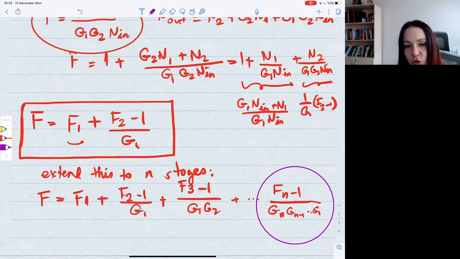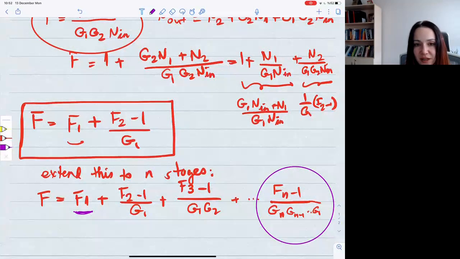So amplifiers that have high noise factors are better placed toward later stages. We want front-end amplifiers to be better quality, to be lower noise, because they contribute most to the overall noise factor of the system.